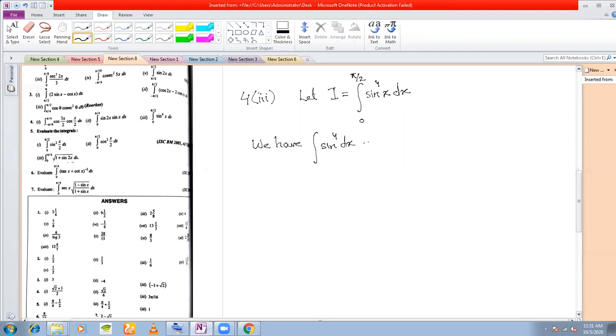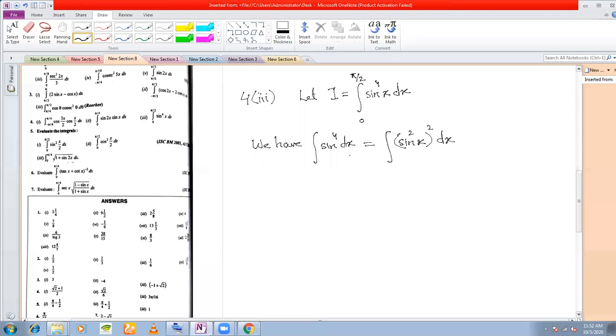How do you evaluate sine to the power of 4 x? Remember this technique. Sine to the power of 4 can be written as sine square x whole square dx.